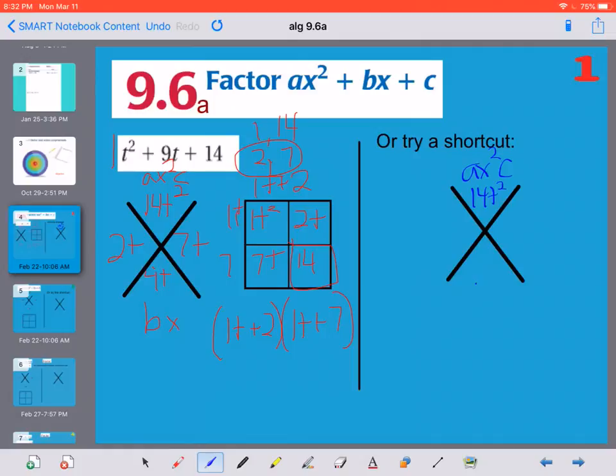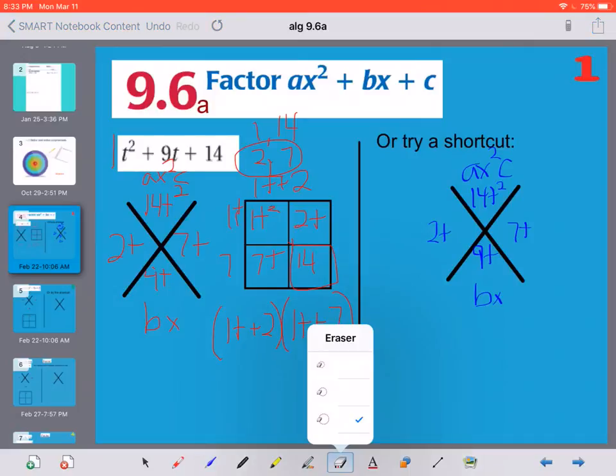And we're going to stick with the b, which we figured out was 9t. And then we know that 2 and 7 work, so I'm going to put 2t here and 7t here. I'm actually going to erase those t's for this shortcut.